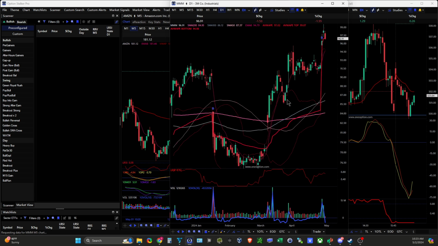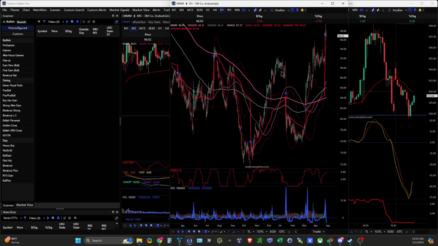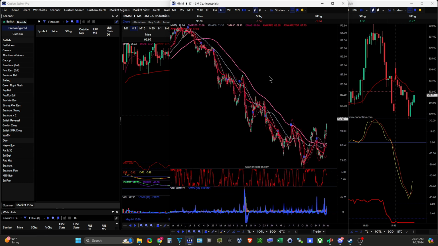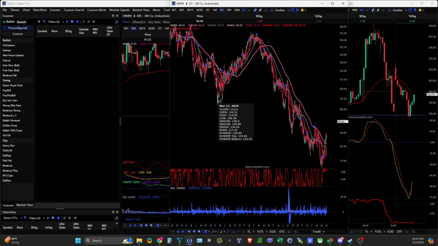So an example of that would be 3M, triple M, I like to call it because of the stock symbol. If we zoom all the way out, we can see this price action is horrific. It's actually horrible, going back to 2021, which feels forever ago now.